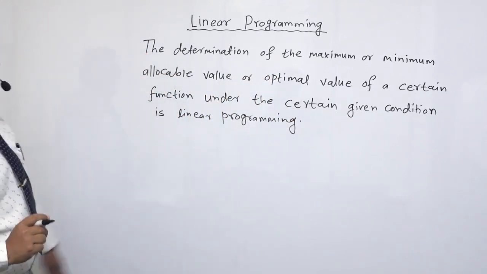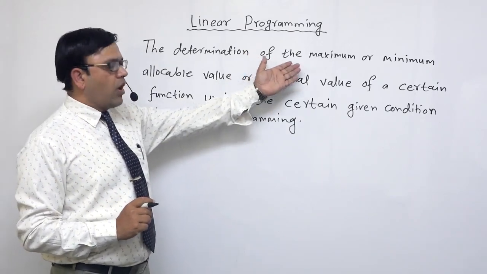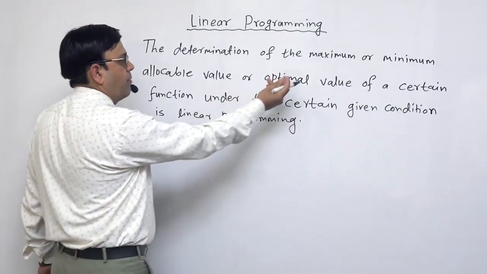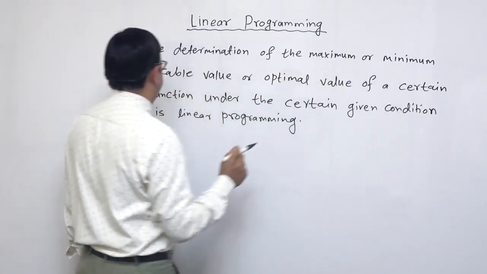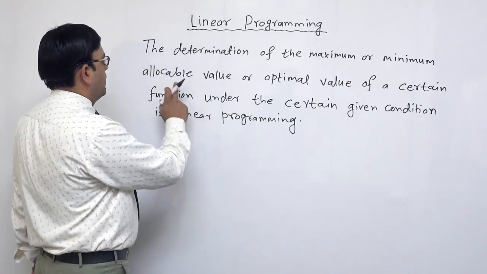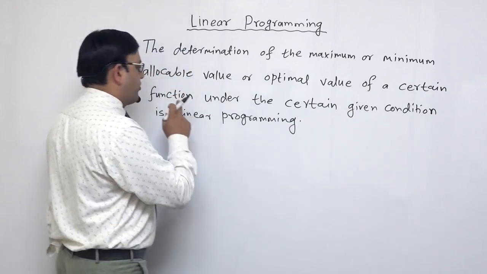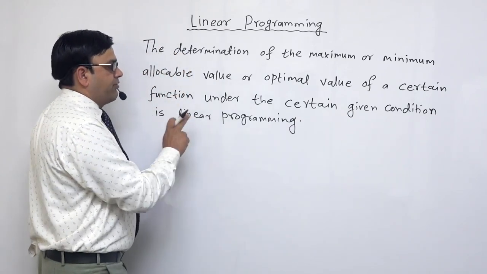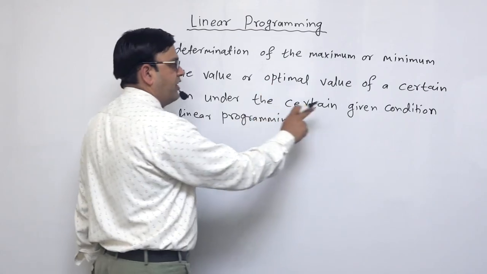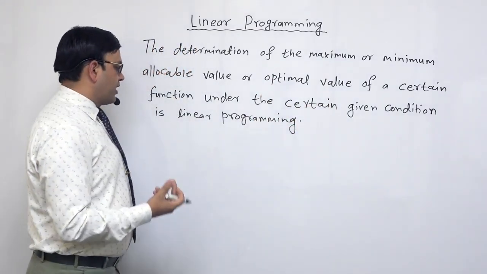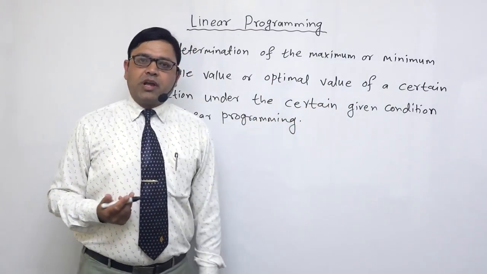Students, the determination of maximum or minimum value or allocable value or optimal value of a certain function. There is a certain function under this certain given condition. There should be a given condition is called a linear programming.